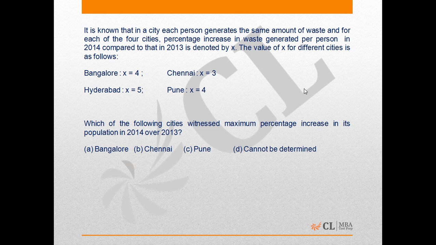In the next question, it is given that in a city each person generates the same amount of waste, and for each of the four cities percentage increase in waste generated per person in 2014 compared to that in 2013 is denoted by X. The value of X for different cities is as follows, and we have to find which state witnessed maximum percentage increase in its population in 2014 over 2013.